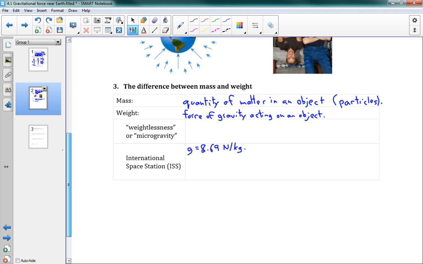Well, it's this idea of weightlessness or microgravity, where they really do have weight, but weightlessness is when no normal force is holding you up. Okay, so it's the normal force that makes us feel like we weigh something.